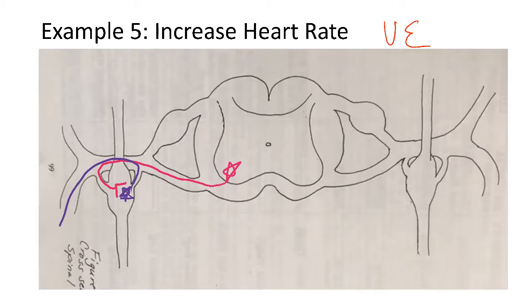And then it got weird because it's going to make a connection to a second multipolar neuron in the paravertebral ganglion, whose axon is then going to go out the other piece and then out the ventral primary ramus.